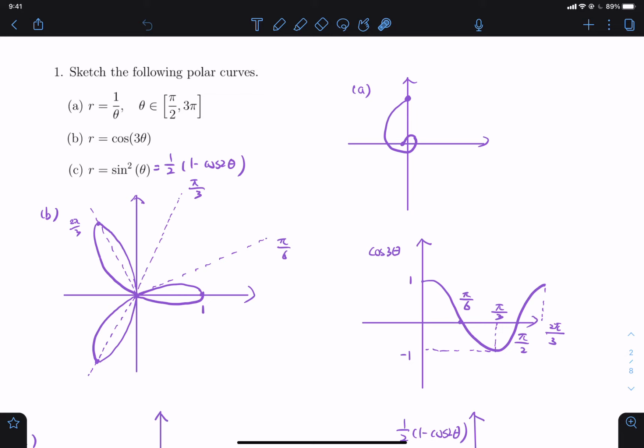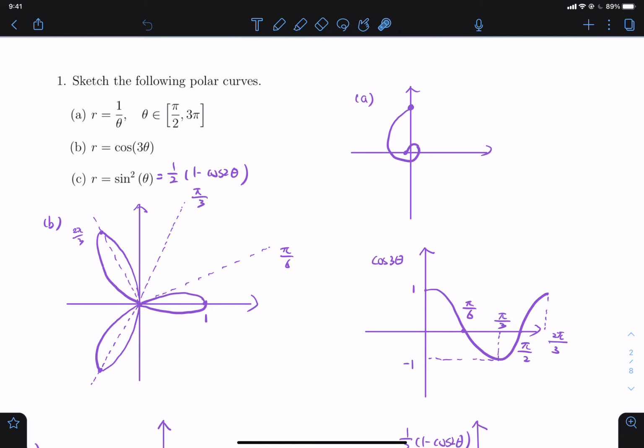But while you're rotating that point, you need to pay very close attention to the distance from the point to the origin. Okay, so that is how we plot the polar curves.